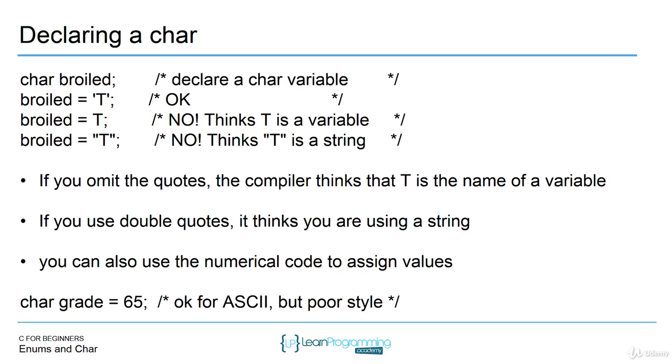So if you assign 65 to grade, it's going to look 65 up in the ASCII table, and it's going to be the equivalent of whatever character that is. And you'd have to look in the ASCII table to see what that character is. But, I know B is like 48. Again, this is the way the computer represents certain characters, by numbers. So you can assign numbers to characters. They're just going to be converted to single characters based on what they are in the ASCII table.